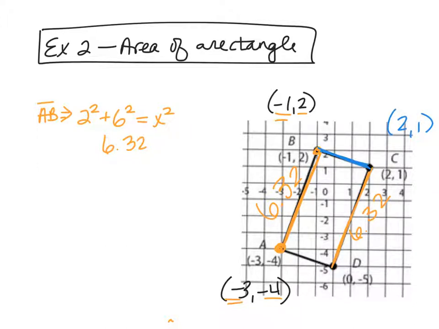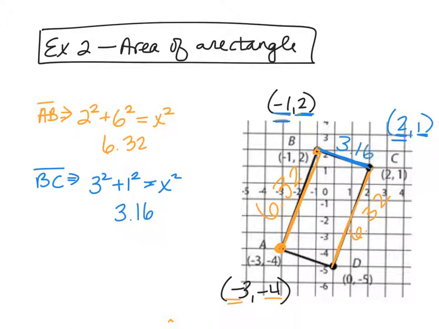So from B to C, that's going to be 3 squared, right? Because I'm doing -1 to 2. And then from 2 to 1 is just 1 squared, so plus 1 squared equals x squared. And when I work that out, I'm getting 3.16. And again, that side is also parallel to AD, so that is also 3.16.